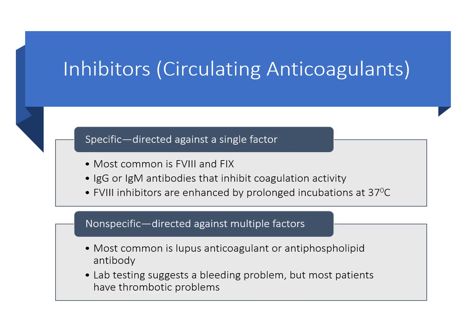And the most common that we've talked about are factor 8 and 9 inhibitors. They could be IgG or IgM antibodies that inhibit coagulation activity. And factor 8 inhibitors are enhanced by prolonged incubations at 37 degrees. So the longer we incubate, the more inhibition can occur.